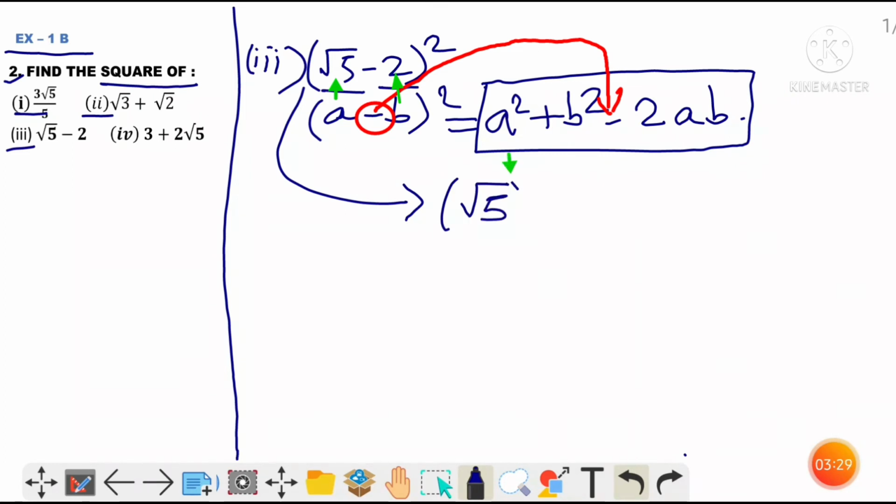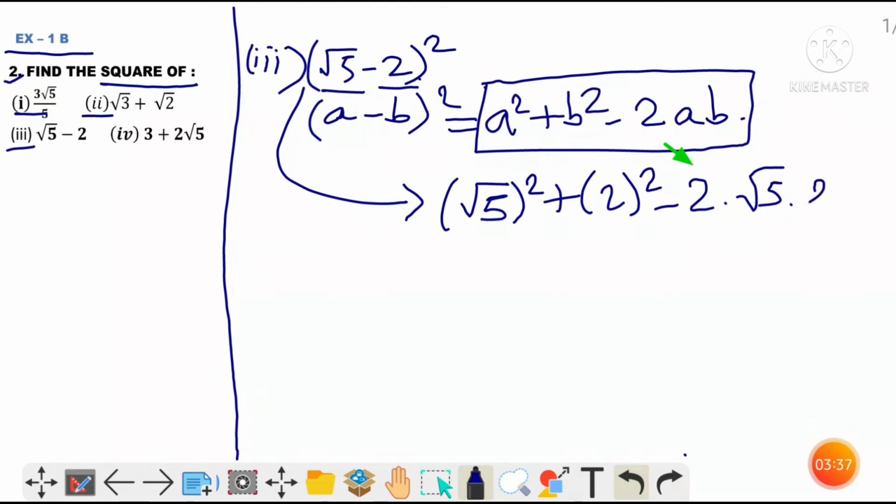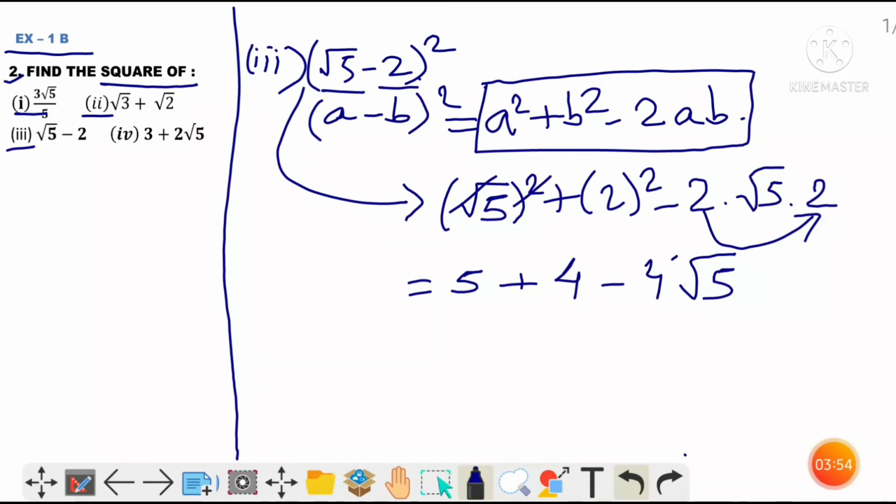So a square means root 5 square, plus b square means 2 square, minus 2 into a, root 5, and b, 2. We'll get 5 plus 2 2's are 4, minus, again we'll multiply the numbers outside the root. So 2 2's are 4 and root 5. We cannot add or subtract 4 and 4 root 5 because it is connected with the root. So we'll add 5 plus 4, 9, minus 4 root 5.